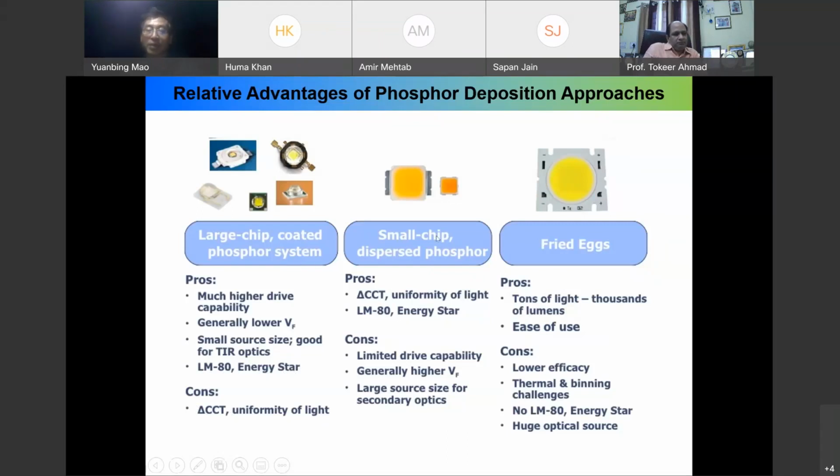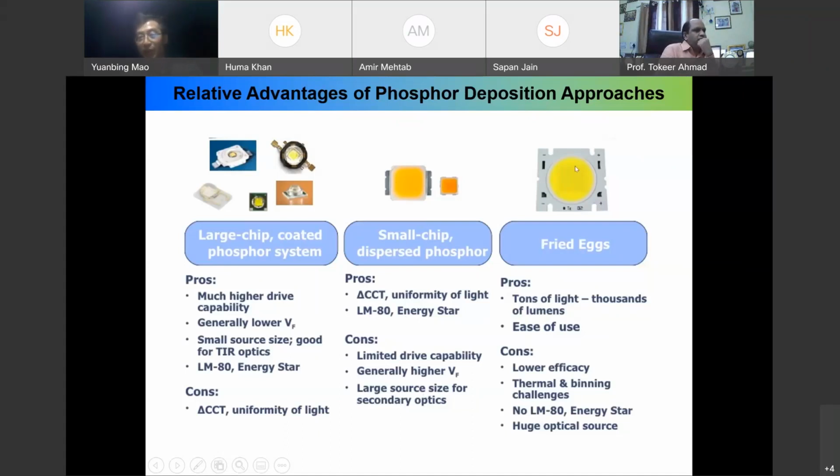And then when there are small chips with dispersed phosphor, the CCT is good and the uniformity is also high, and you get high lumens, but the drive capability is low, and there is also a large source size for secondary optics, because it's coated this way.